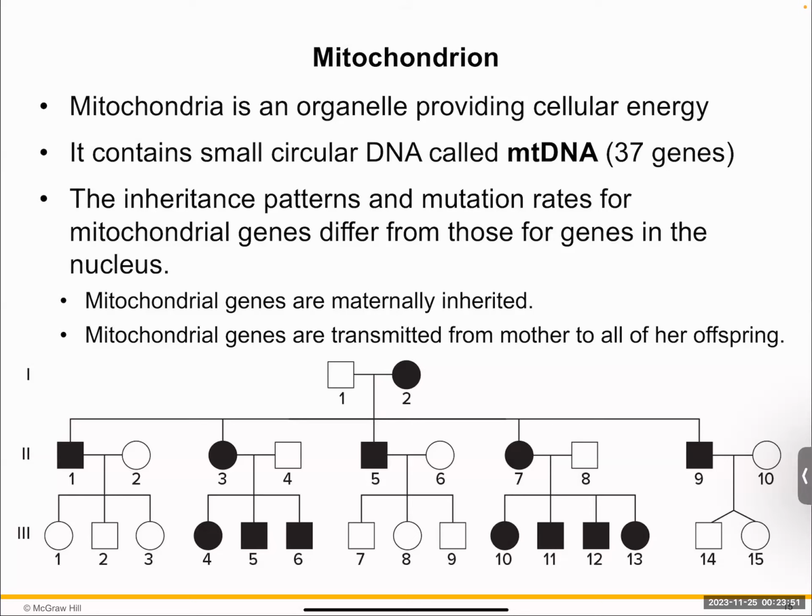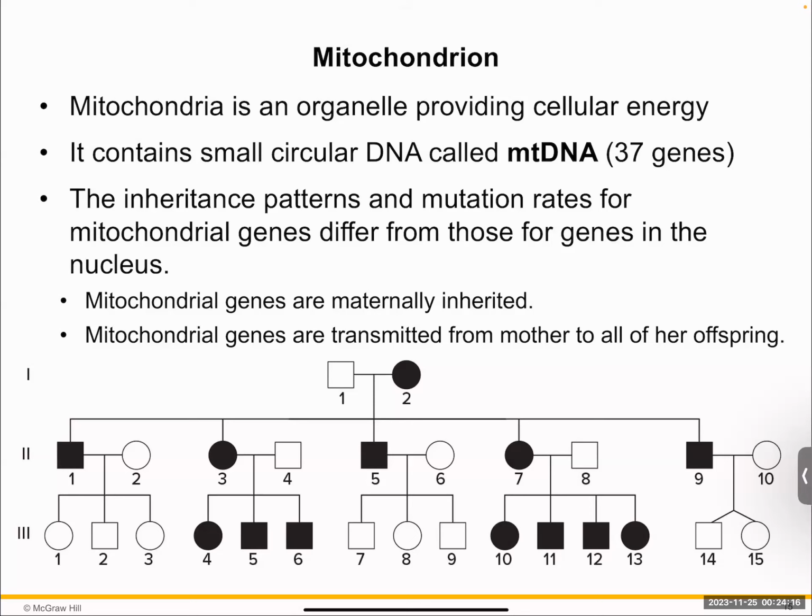If an adopted child wants to see who their biological mom is, you can look at the mitochondrial DNA. It is important to understand that the inheritance pattern of the mitochondrial DNA versus the regular genes is different, and the mitochondrial DNA is more susceptible to mutations.